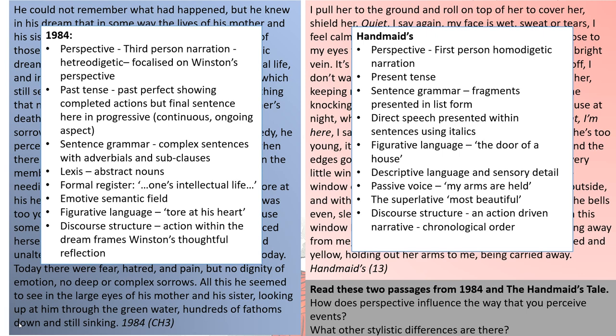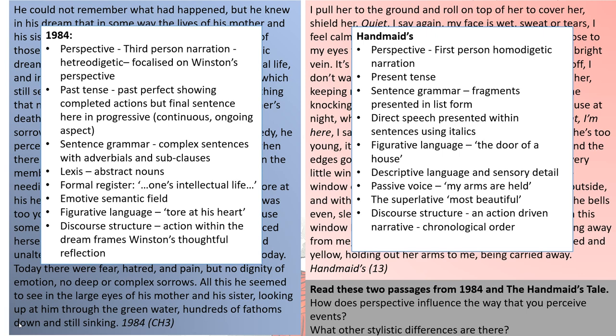There's also some figurative language in there, but we can think as well about the discourse structure of this text. The actions within the dream frame Winston's thoughtful and in some ways detached reflections on his relationship with his mother and his sister, and how the emotional tragedy of what has happened to him is being made impossible by the conditions of the dystopian society that he lives in.